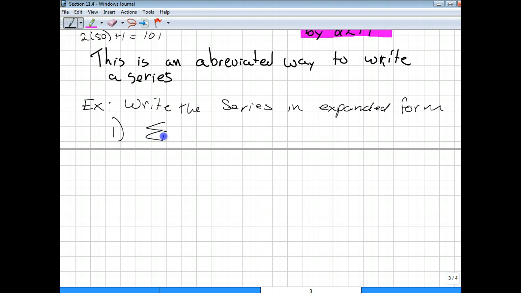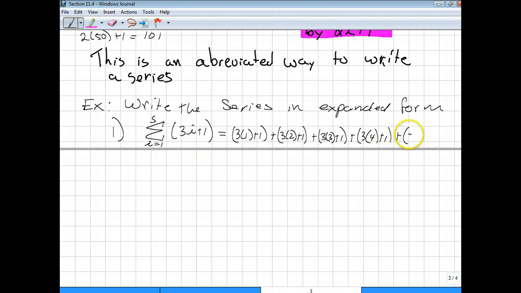So our first one is the sum from i equals 1 to 5 of 3i plus 1. Okay, so in expanded form, it's asking me to write out the addition of the first 5 terms. So the first term would be 3 times 1 plus 1. The second term would be 3 times 2 plus 1. The third term would be 3 times 3 plus 1. The fourth term would be 3 times 4 plus 1.